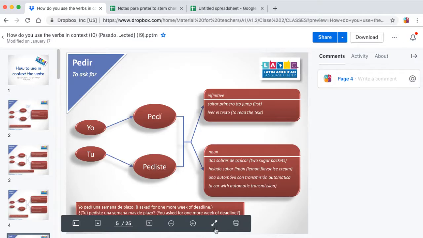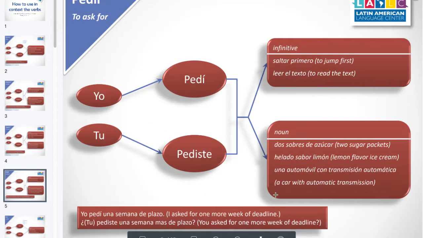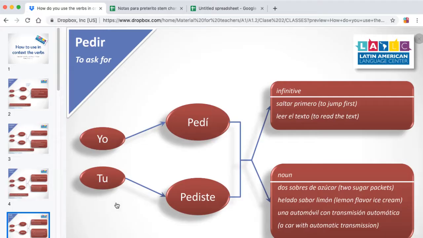You see pedir, yo pedí what you can ask for. Yo pedí un helado, more like an order, ice cream. O yo pedí leer el texto. Yo pedí dinero, what else you can ask. Yo pedí una semana de plazo means I asked for 1 more week for the deadline, so to finish your work or project.